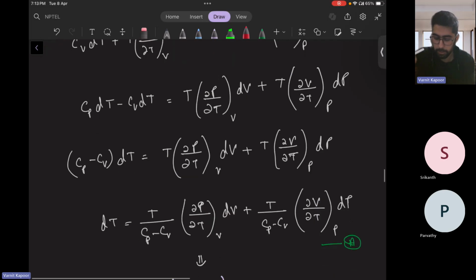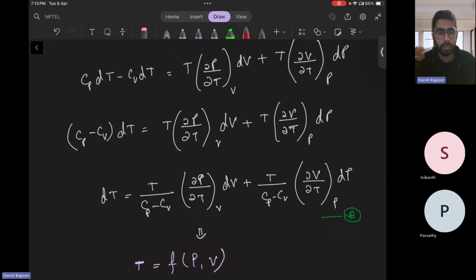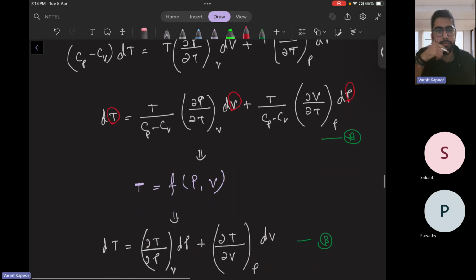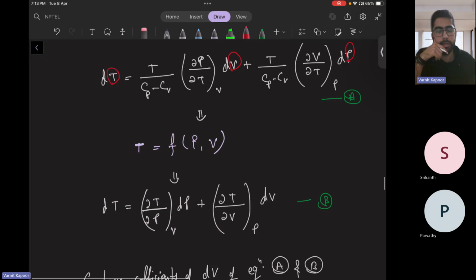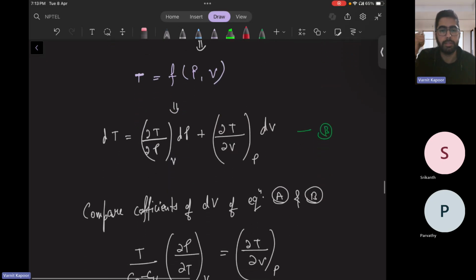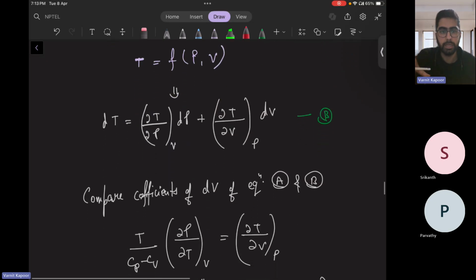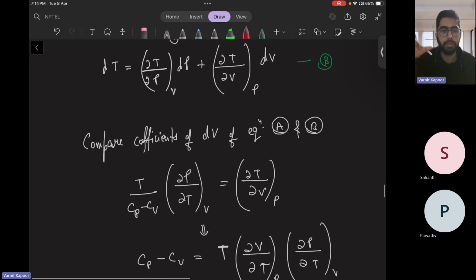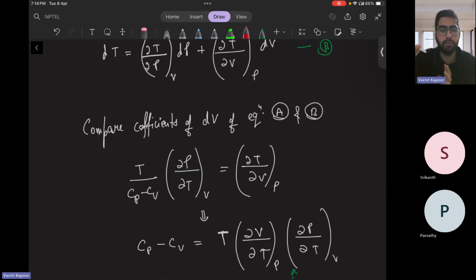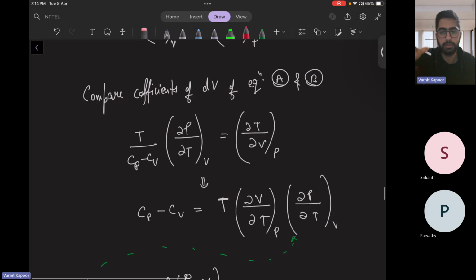We got the dT from here, and from here we got to know that temperature is a function of volume and pressure. So by applying the chain rule, you get dT in this form. You compare equations A and B, the coefficients of dV. So from here you get Cp minus Cv in terms of T, dou V by dou T, dou P by dou T at constant volume.